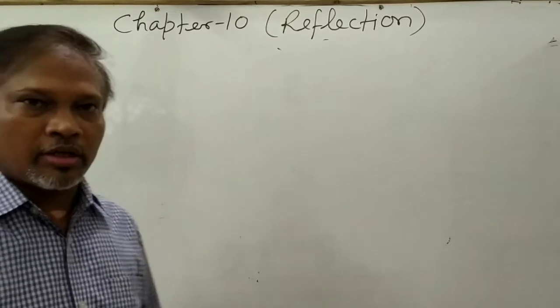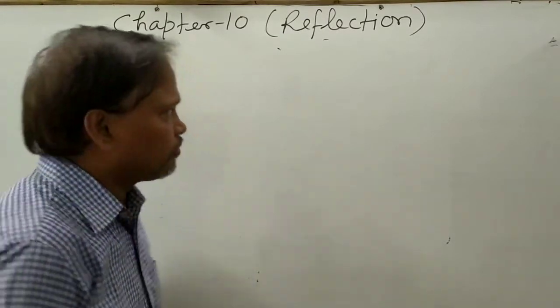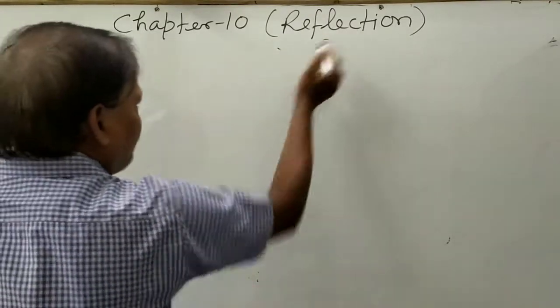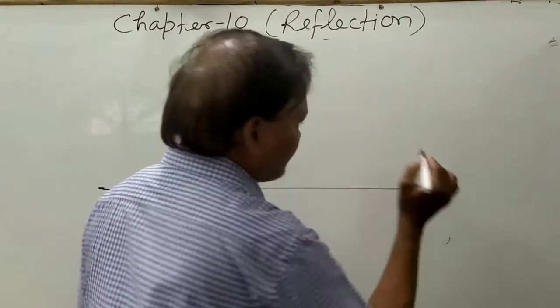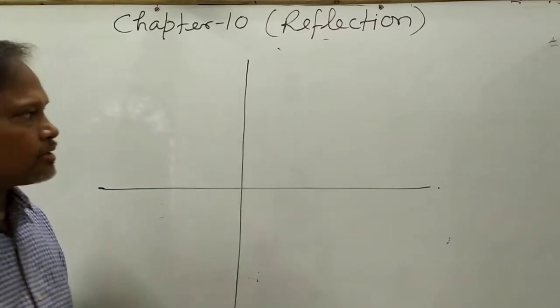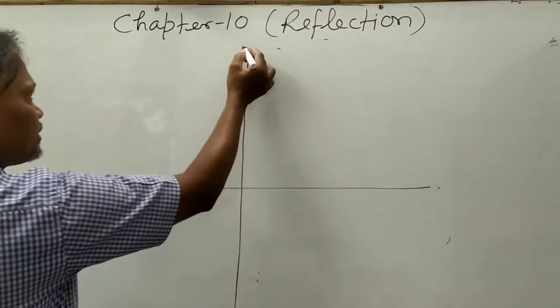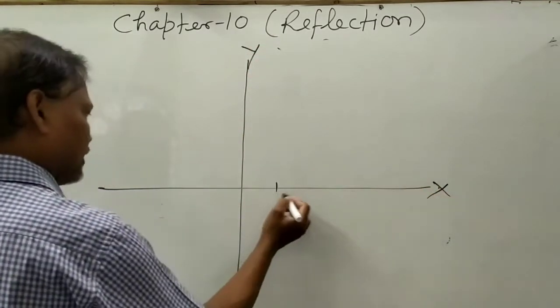Now one more thing about this reflection. Reflection क्या है? What is the meaning of the reflection? In this, this is the y-axis, this is x-axis, and there are the points.